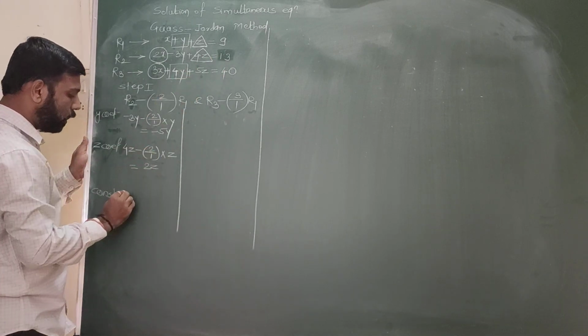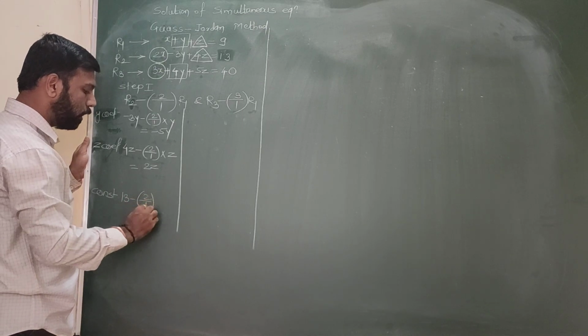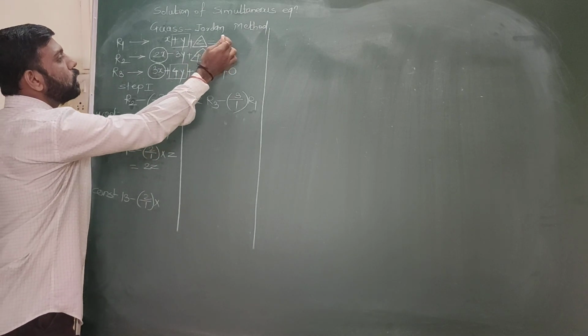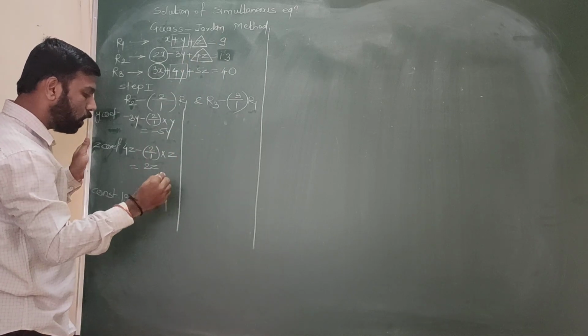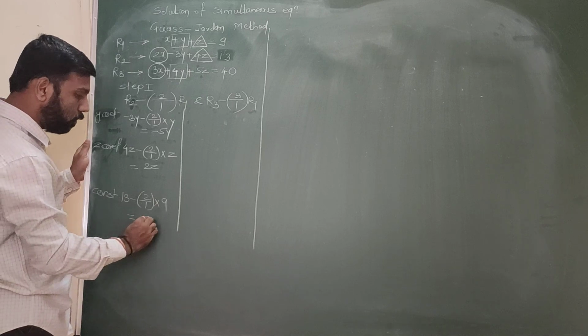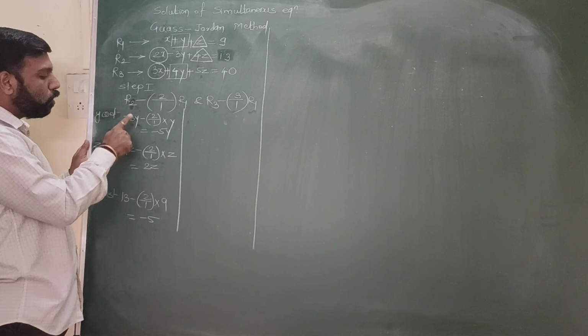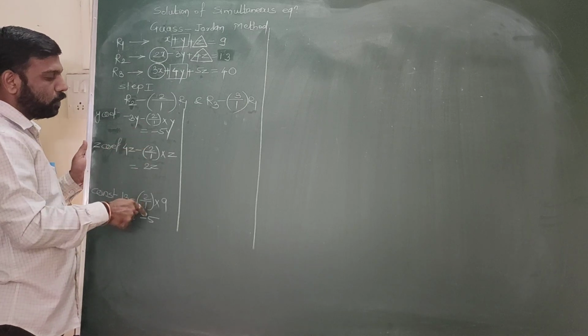The constant: 30 minus 2 by 1 into the constant in R1, so the output of this is minus 5. So this is our new second equation with the coefficients.